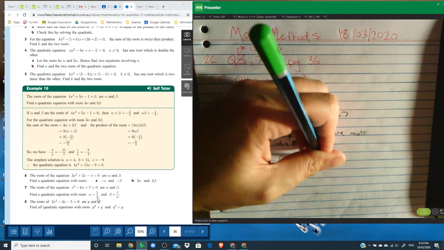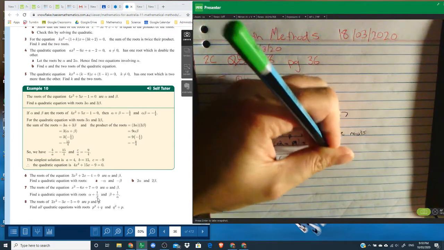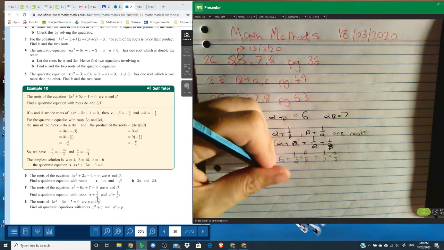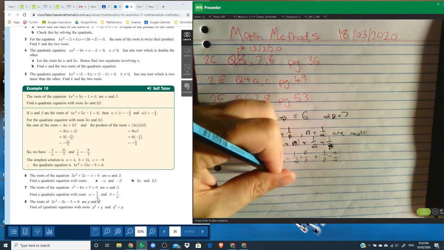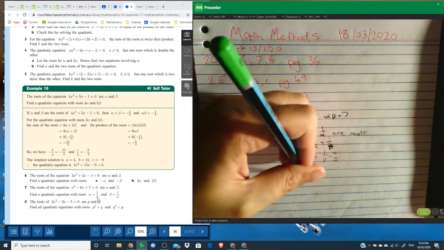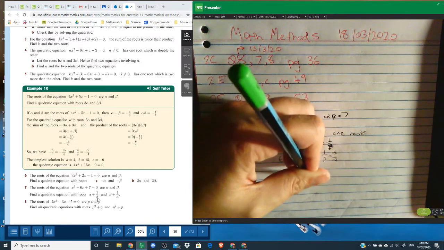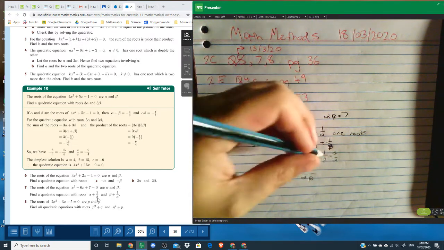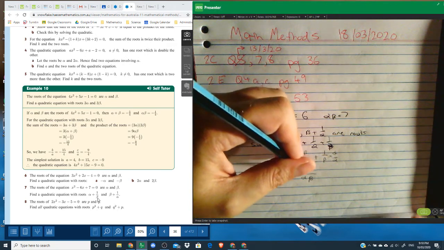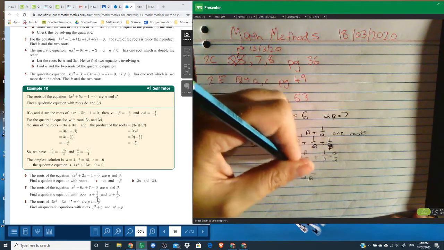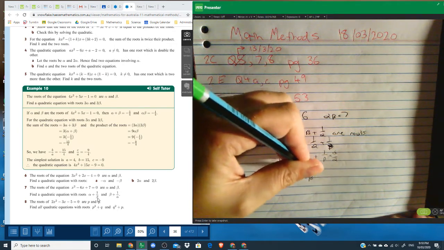So then alpha times alpha, and then they'll both have a denominator of alpha beta. Then alpha plus beta or beta plus alpha, doesn't really matter.